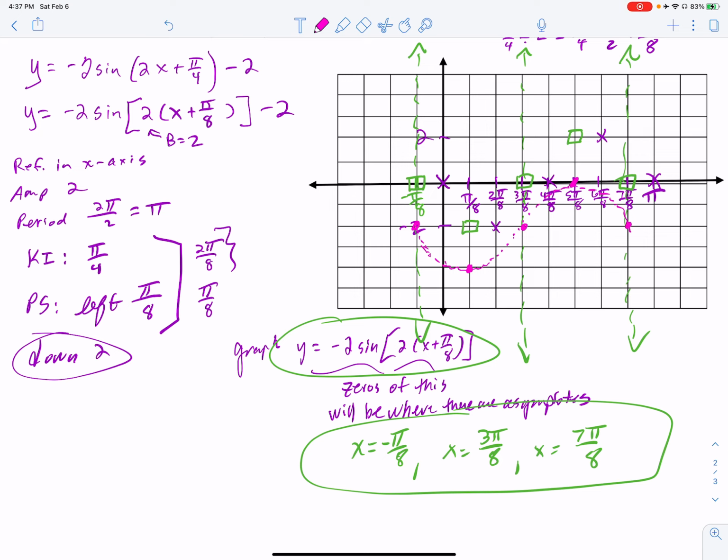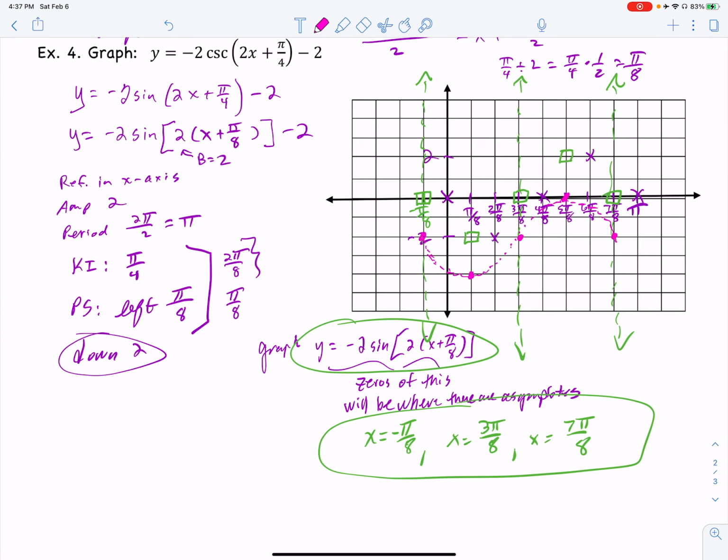And so the cosecant that we're going to graph is going to share the max and mins of the sine. So the cosecant graph is going to share where this is at -4 and where this is at 0.